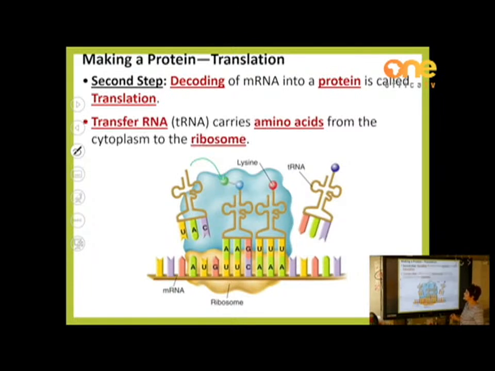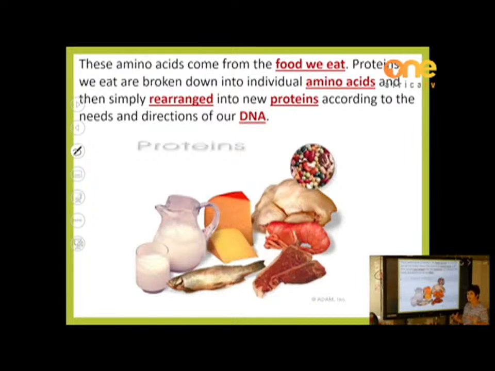The transfer tRNA carries amino acid from the cytoplasm to the ribosome. It will attach to a specific 3. These specific 3 will be called a codon of mRNA attached to an anticodon on the tRNA.